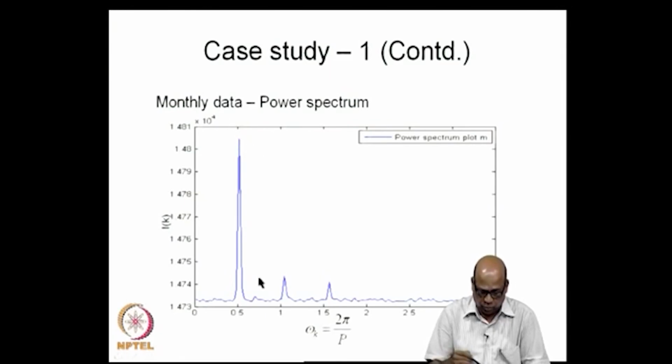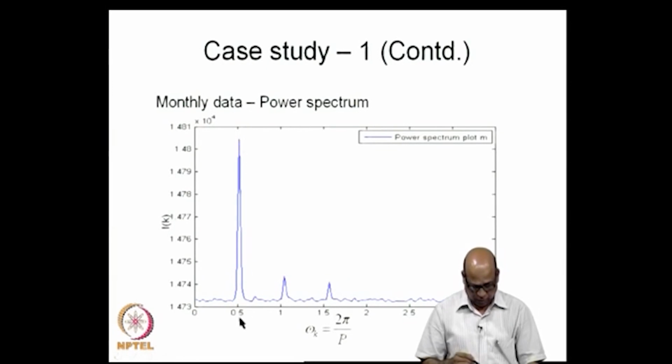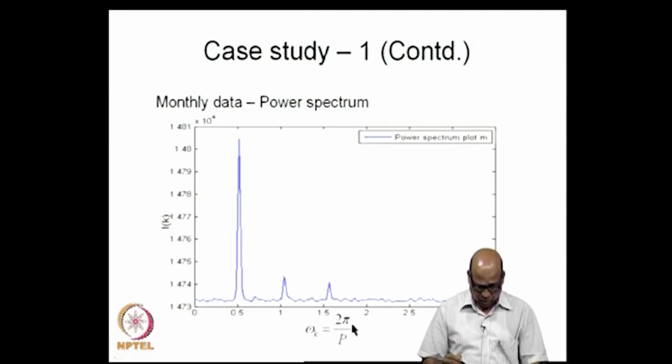When I plot the power spectrum, I get peaks at somewhere around 0.52, then 1.23 and so on. If we use W k equal to 2 pi by p and put in the associated W k value, this corresponds to a periodicity of 12 months, this 6 months, 4 months and so on.